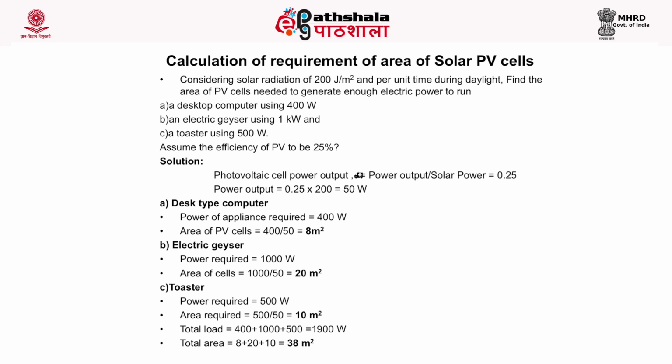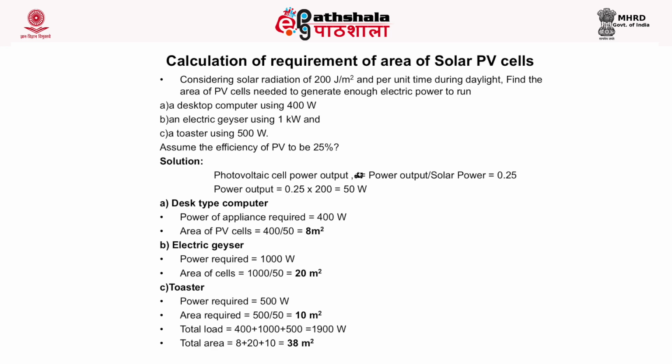Now, the first one is a desktop computer. The power required by this appliance is 400 watt, and we have a power output of 50 watt. So, the area of PV cells is equal to 400 divided by 50, that is 8 meters square.